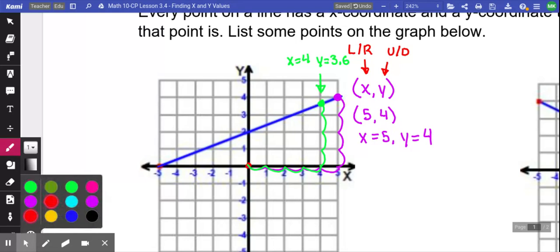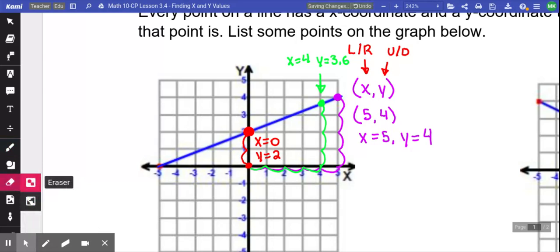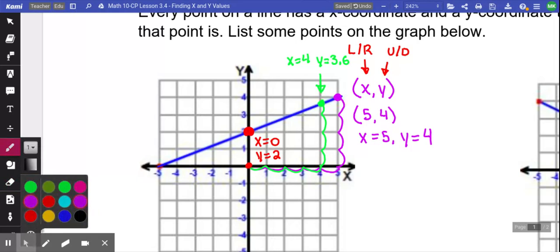We'll do a couple more. If I look at this point right here, that point has an x value of 0 because I never move left or right from the center. And it has a y value of 2 because it's 2 up from the center. Another point that I could do would be over here.